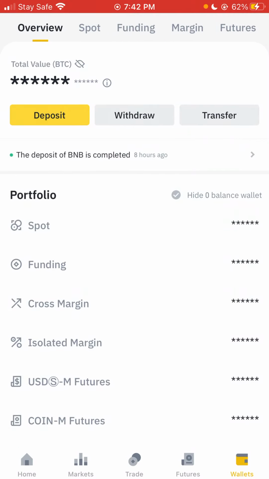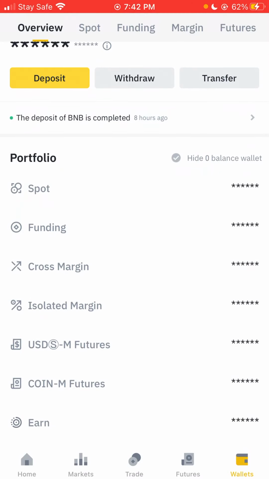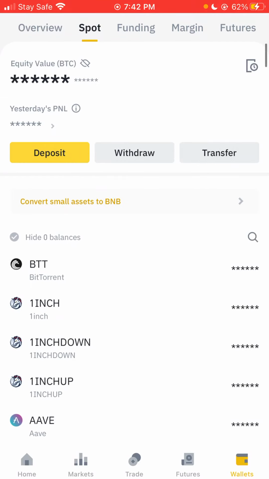On my overview, this is what you'll be having. Let's assume you bought some USDT from someone, or you bought through Binance P2P, and it's here. It will always be on your spot. So all you have to do to get it to your futures account is to tap on transfer.